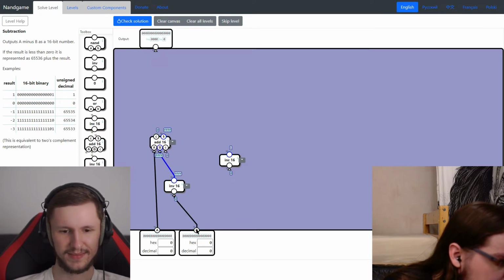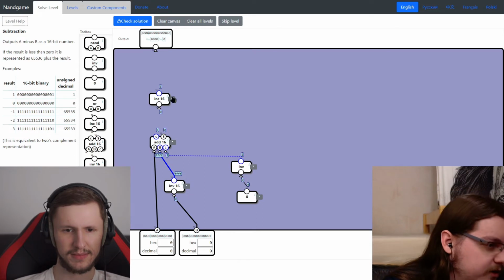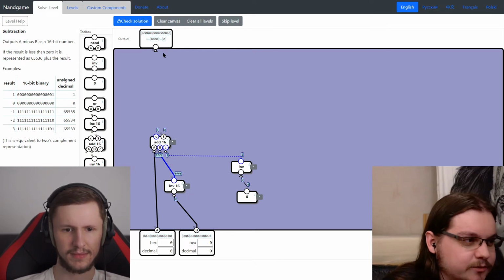Technically I want to increment this output, but what I also could do is add a 0 to the carry, which is the same thing as incrementing it. I guess complication-wise it doesn't really change.